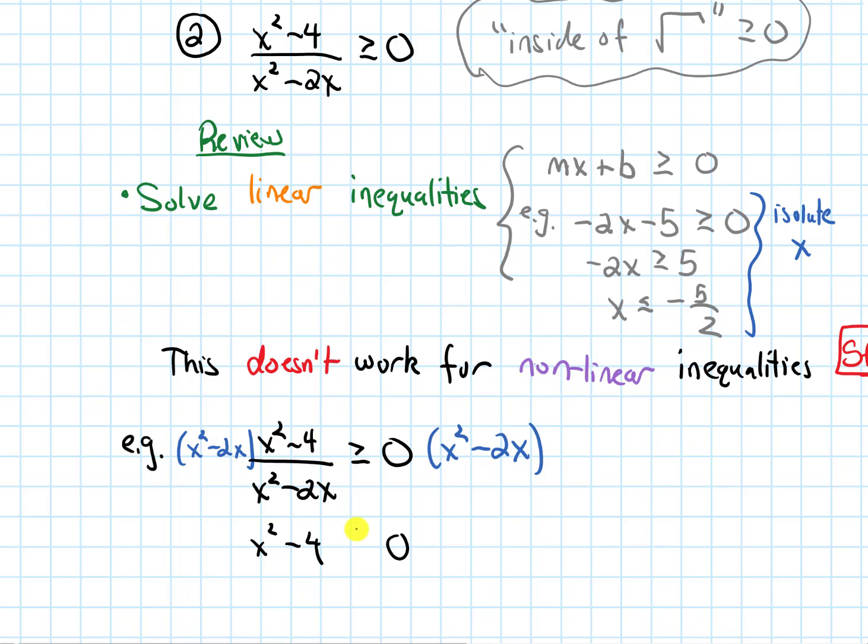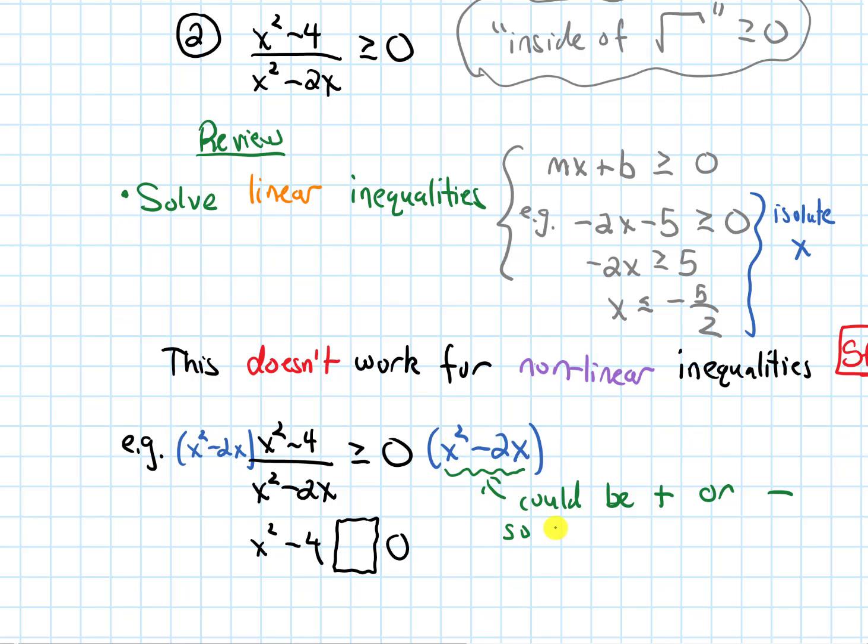And now there's the matter of, well, what happens to the inequality symbol? Does it stay the same? Or does it get flipped because maybe I'm multiplying by a negative number? So the thing is, with x squared minus 2x, this could be positive for certain values of x, or it could be negative for certain other values of x.